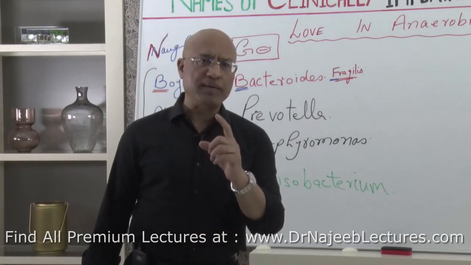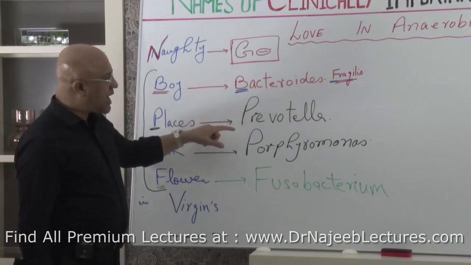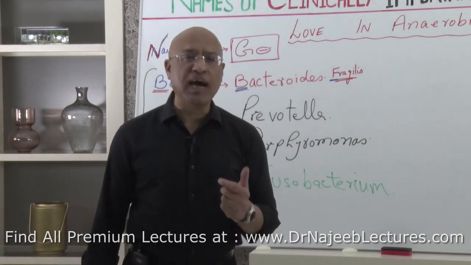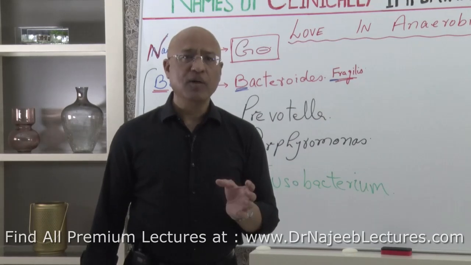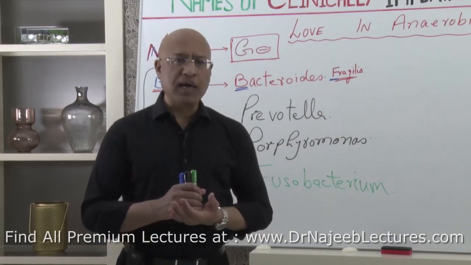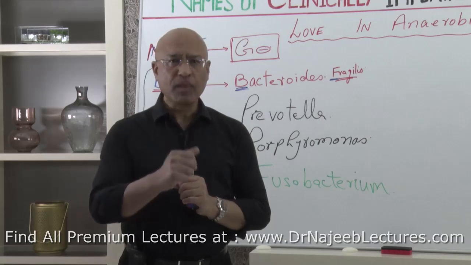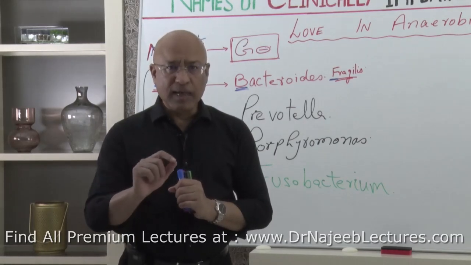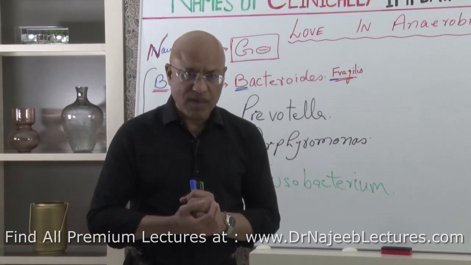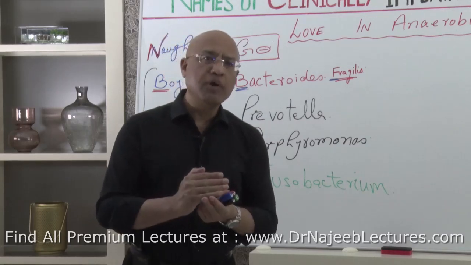And for your clinical point, if you want to remember a single clinical point about these two bacteria, Prevotella and Porphyromonas: when they are present in any abscess or suppurative discharge, they may give that discharge a brownish or blackish color, right? That discharge will be brownish black, and under ultraviolet light it will look brick red.